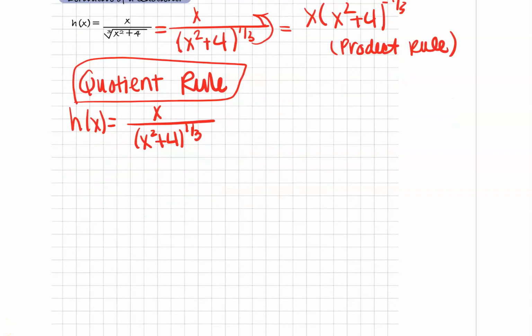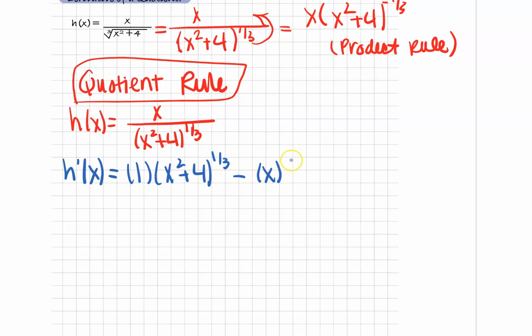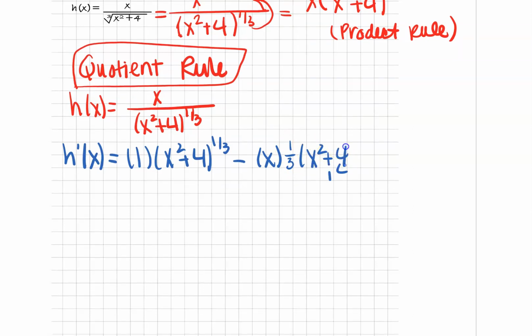All right, so now when we take that quotient rule, h prime of x is equal to the derivative of the top times the bottom minus the top times the derivative of the bottom. There's your chain rule. So I'm going to bring that 1/3 down, leave the inside alone, and then subtract 1 from 1/3.